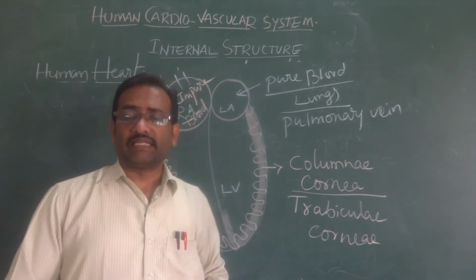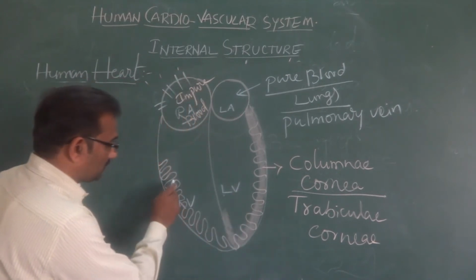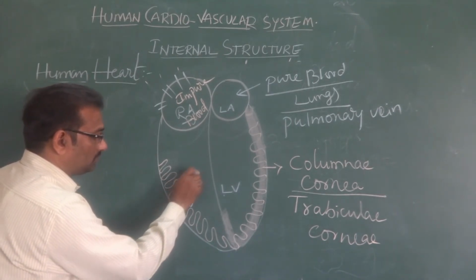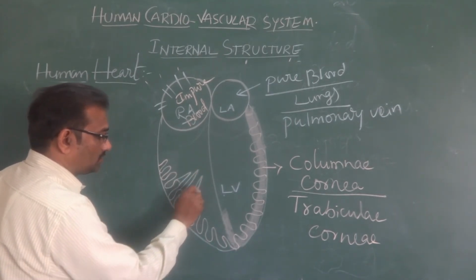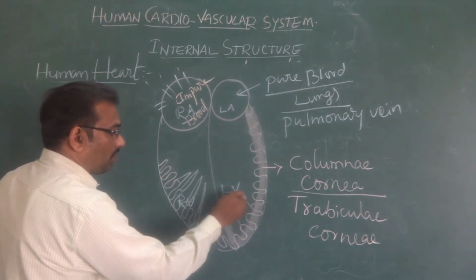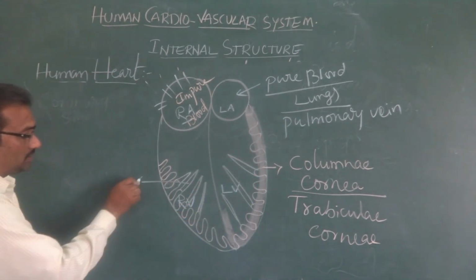Some of these ridges are large and conical, not all. These are called papillary muscles.